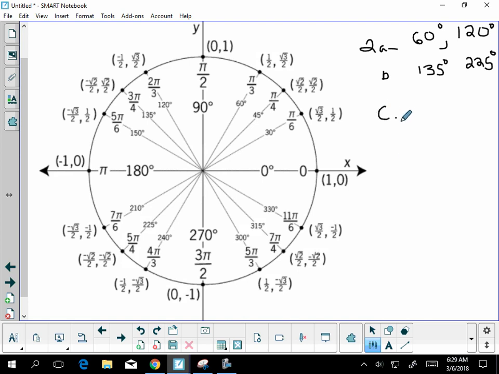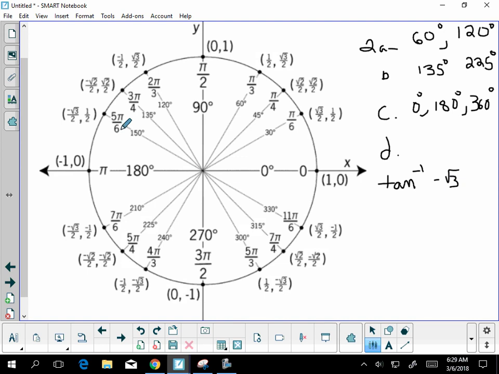For C, tangent of 0, well, tangent is y over x. That means your y would have to be 0, because 0 divided by anything is 0. So that's happening at 0, at 180, and if we make another rotation, 360 degrees. And D, that's one that you have to think about because they're asking us tangent inverse of negative radical 3.